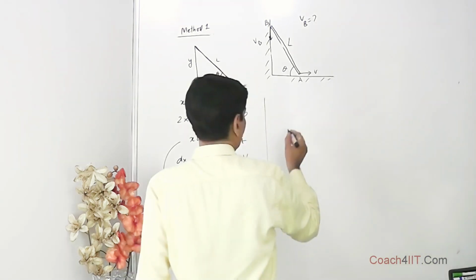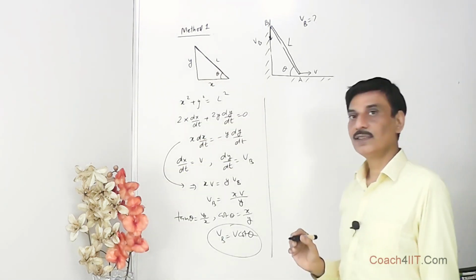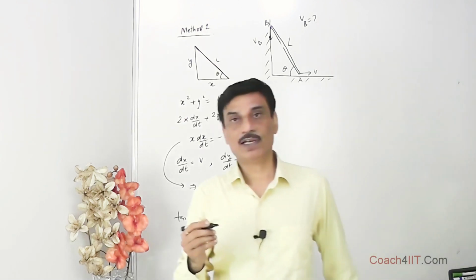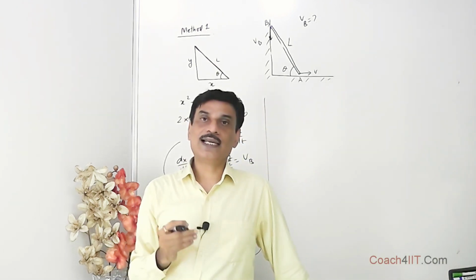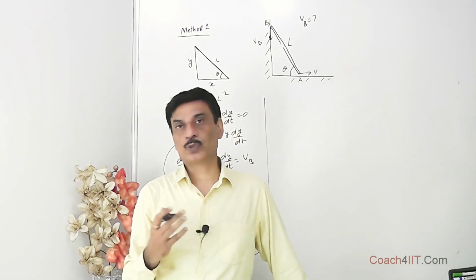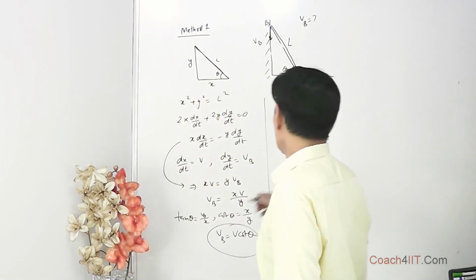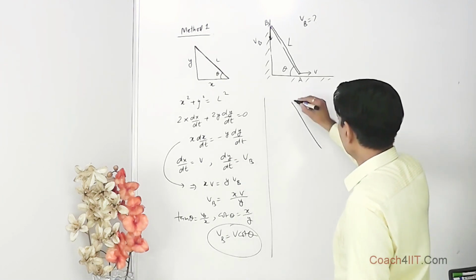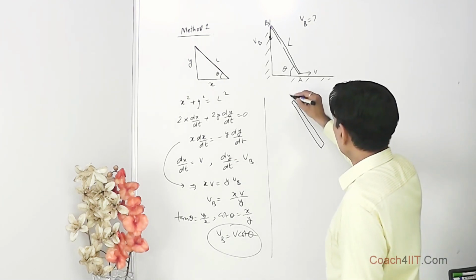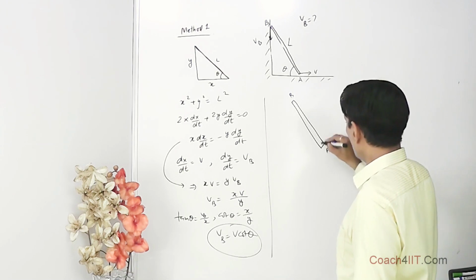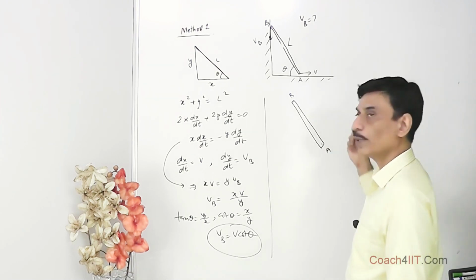This is one way. The other way of doing it is that the relative velocity along the line joining these two ends should be equal to 0, because this is a rigid rod. The distance between these two points B and A is always going to be L only.